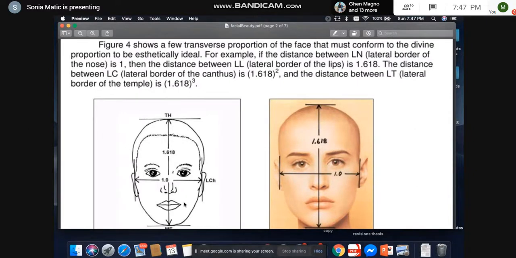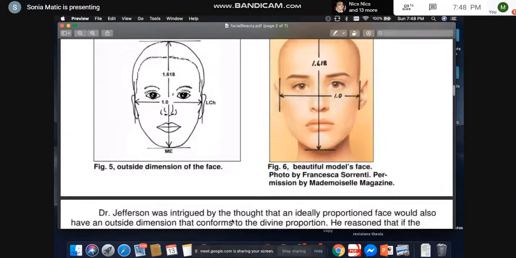The distance between the lateral canthus of the eyes is 1.618. And the distance between the lateral border of the temple is 1.618. So it should be proportional here. That's how it is. Okay? This is the beautiful model space. Those are the proportions of the face.